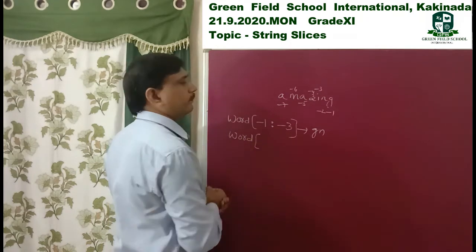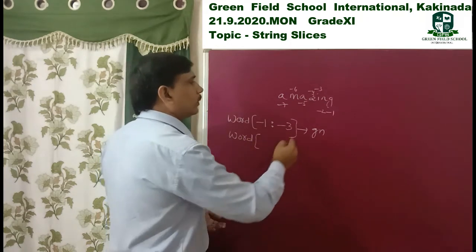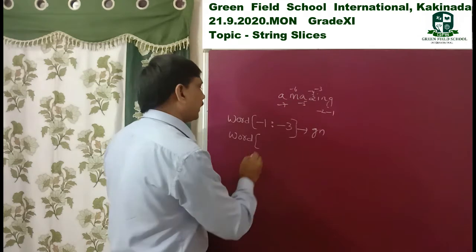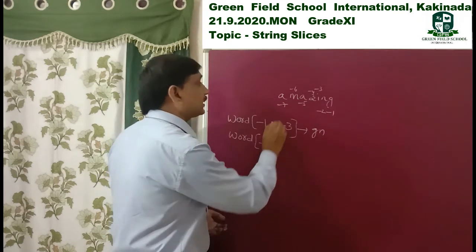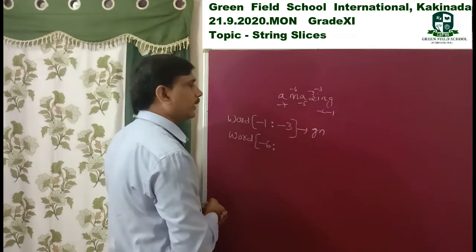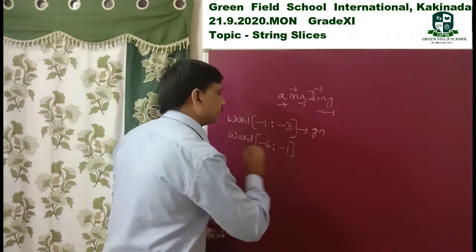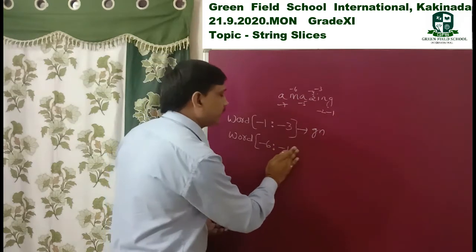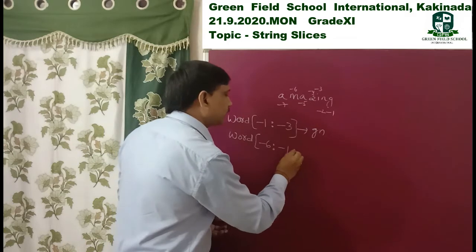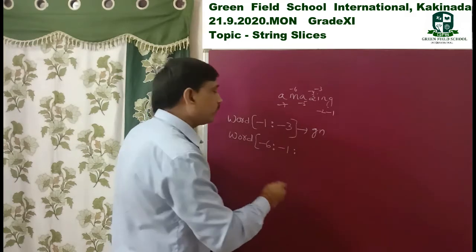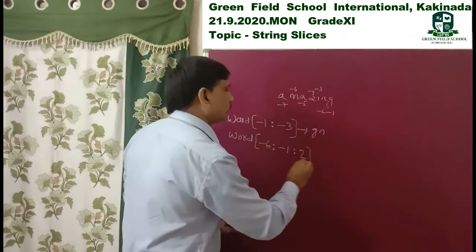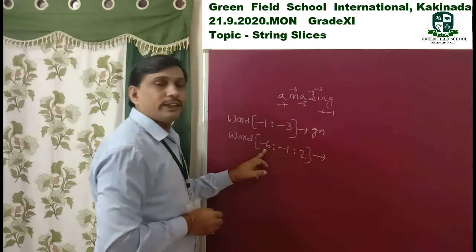Word of, starting from -6 up to -1, and each and every time the step value is 2. Then we start with minus 6.